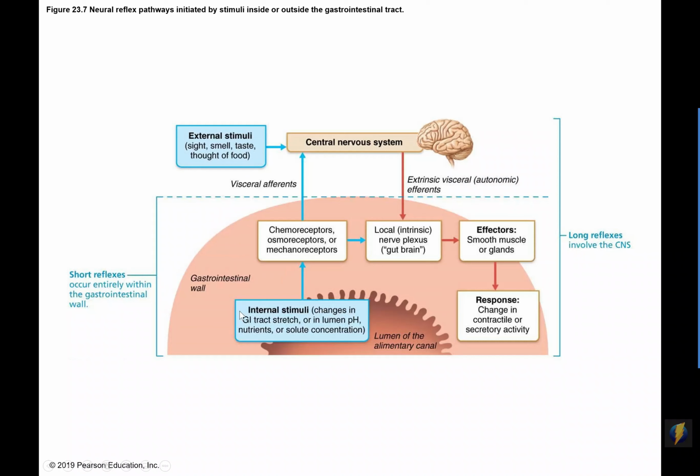So in addition to these internal stimuli that can start some of this GI activity, we also have external types of stimuli. Again, that's my example of I walked into the store and smelled the baking bread, or sometimes when you just watch food shows, right? I can't even watch food shows sometimes because I watch them cooking something and I'm like, oh my God, that looks good, and now I'm hungry.